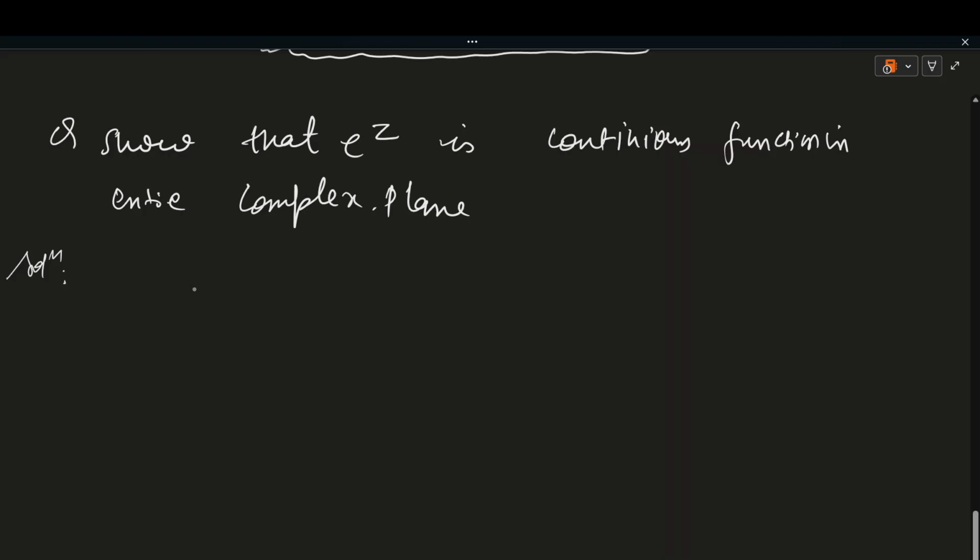We can write e to the power z as e to the power x into e to the power iy, which is e^x (cos y plus i sin y).